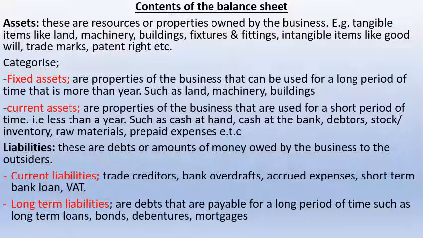Under current liabilities, we have trade creditors, bank overdraft, accrued expenses, short-term bank loans, VAT. Then long-term liabilities are debts that are payable over a long period of time, and these are long-term loans, bonds, debentures, mortgages, to mention but a few.